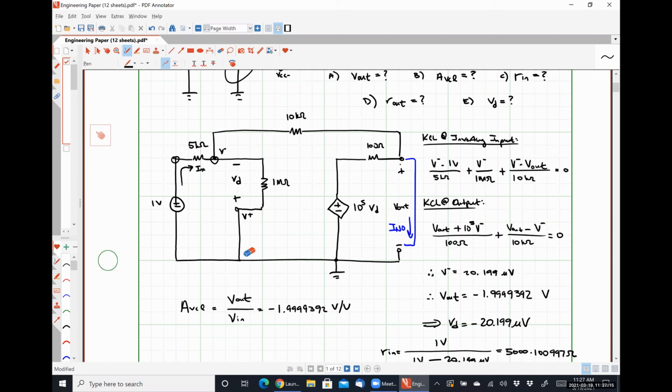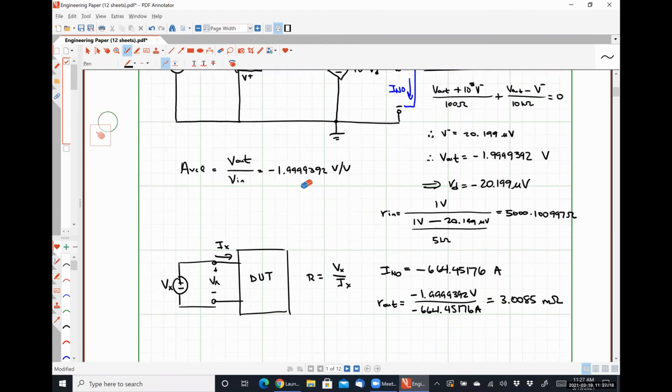It's going to look very, very close to having no output resistance, which is why we see 3 milliohms, extraordinarily tiny. Okay, so for any negative feedback amplifier, we should expect to see our output resistance pretty dang close to looking like a short circuit. Okay.